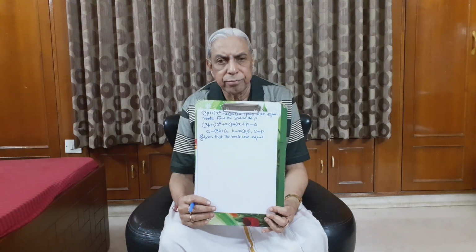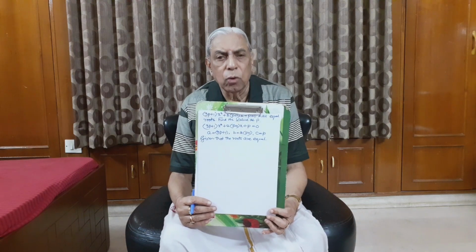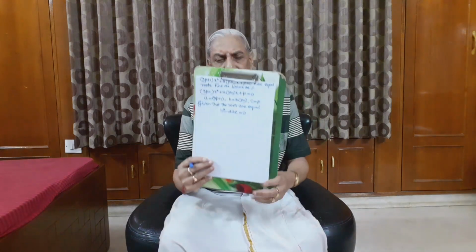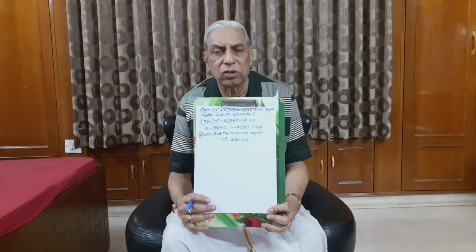Given that the roots are equal, then what exactly do you have to do? What is the condition? If the roots are equal, therefore, b square minus 4ac equals 0. I have written the condition. Therefore b square minus 4ac equals 0.